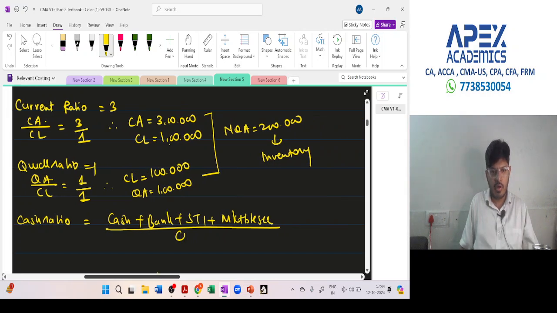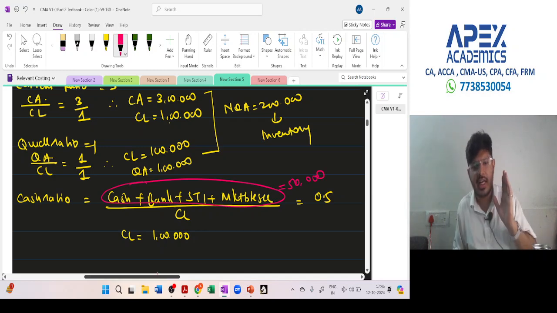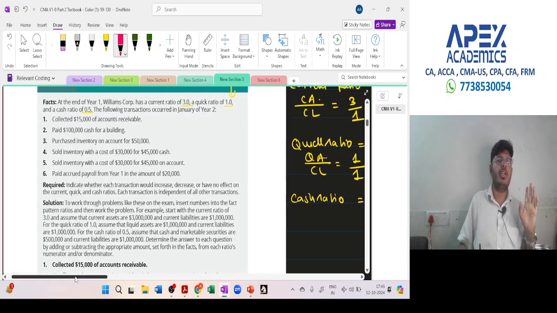Upon current liabilities is equal to 0.5. So if my current liabilities are 1 lakh, all these put together is equal to 50,000. I should have this clarity when I'm approaching a particular question.